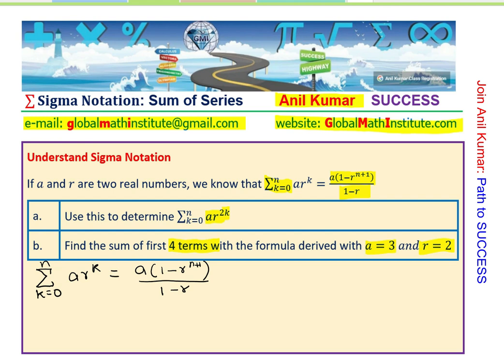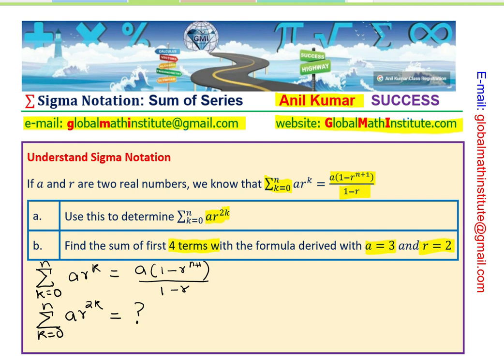Now we need to find the formula for k equals 0 to n, however the expression has now changed to a r to the power of 2k. This is what we need to find, right? So I hope this question is absolutely clear.